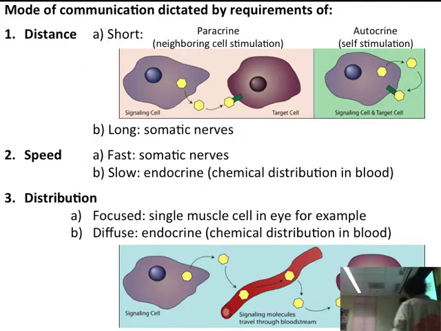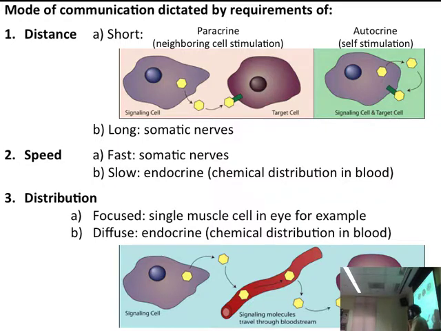The mode of communication, whether it's neural or endocrine, is dictated by these three requirements. How far is it? Is it short? Well, then we're going to have some kind of paracrine communication where you have cells that are right next to each other.